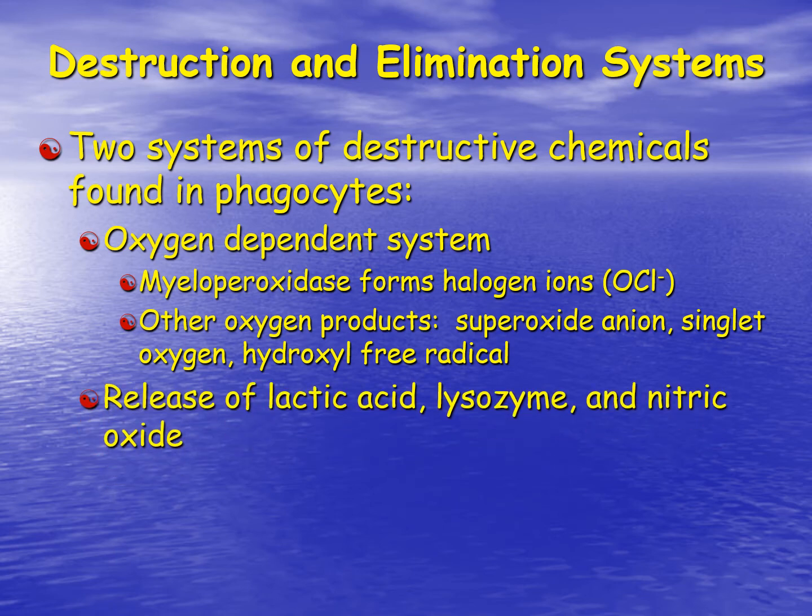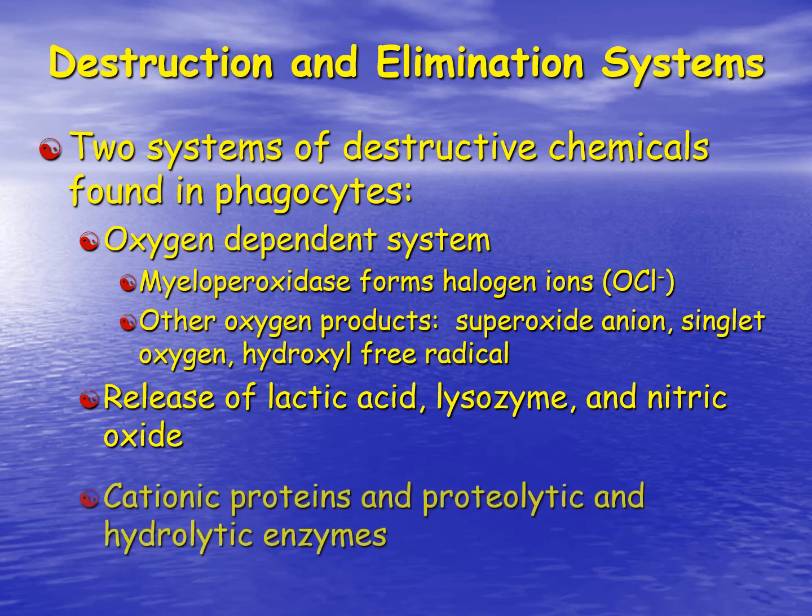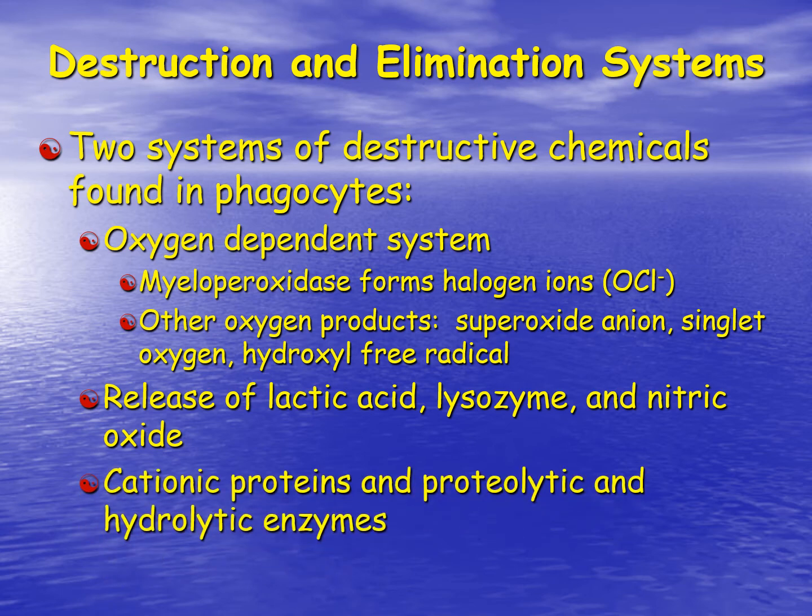The other is going to be the release of lytic chemicals such as lactic acid, the lysosome, or nitrous oxide. Some of these cationic proteins, so positively charged proteins, and proteolytic and hydrolytic enzymes will also be produced.